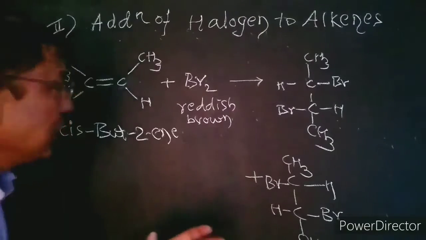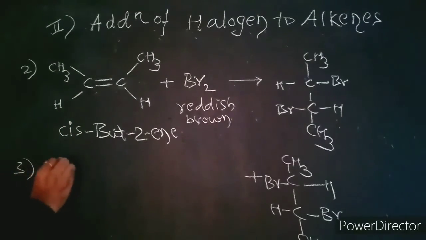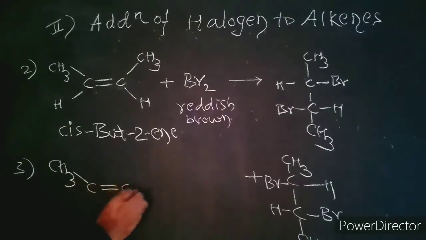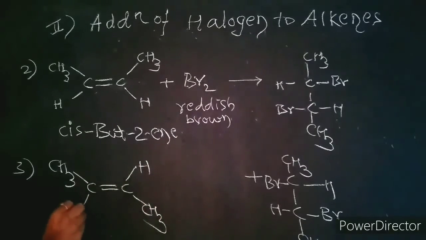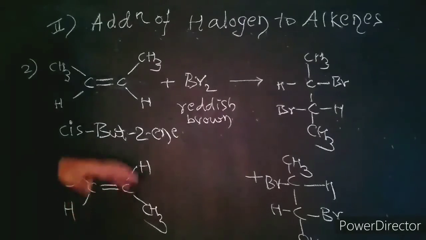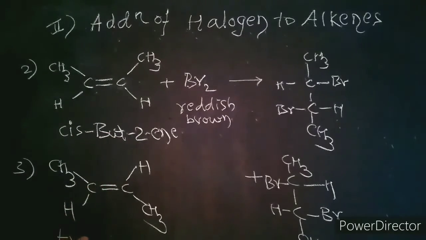Now consider trans-butene. Trans means similar groups are present at opposite sides. See here, hydrogen, hydrogen, they are similar atoms, they are present at the opposite sides of the double bond. Therefore, this is called trans-butene.